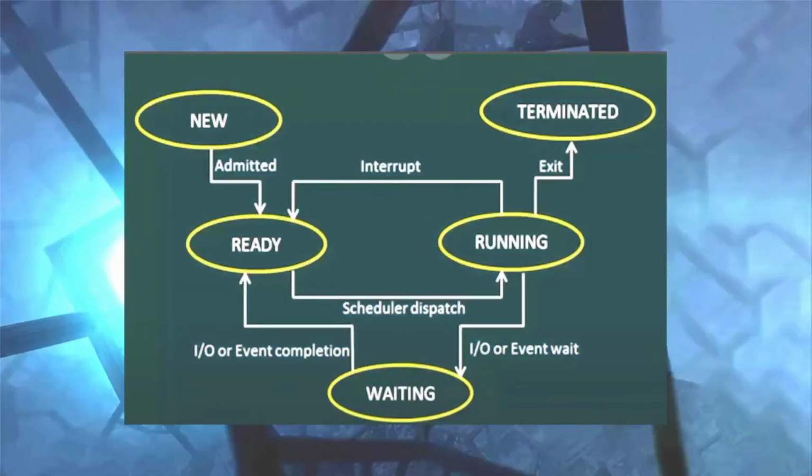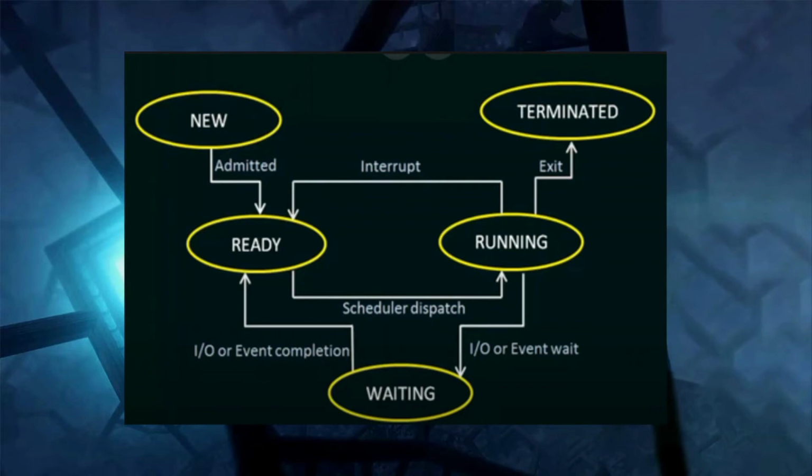So now this is the flow of the process state. For example, we create new data, and the data is stored here. That data is admitted, and it is ready to use, so it is transferred here.